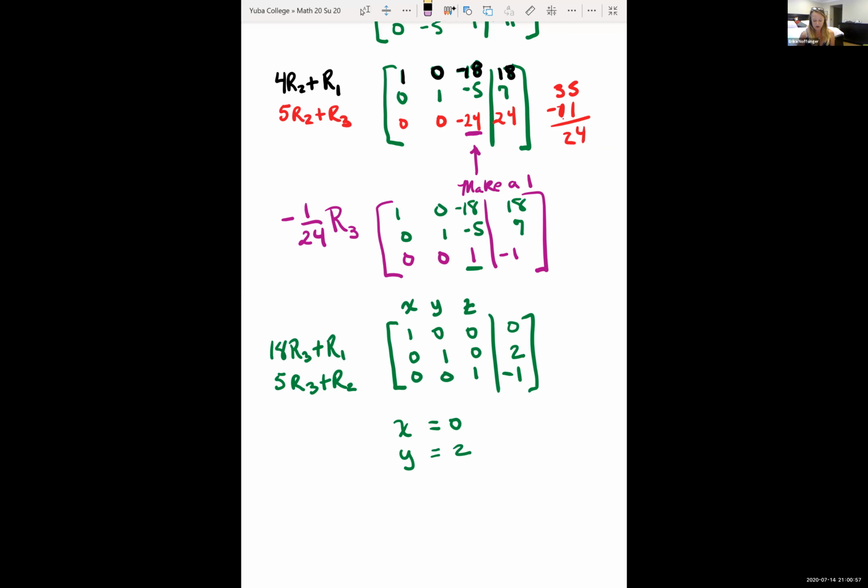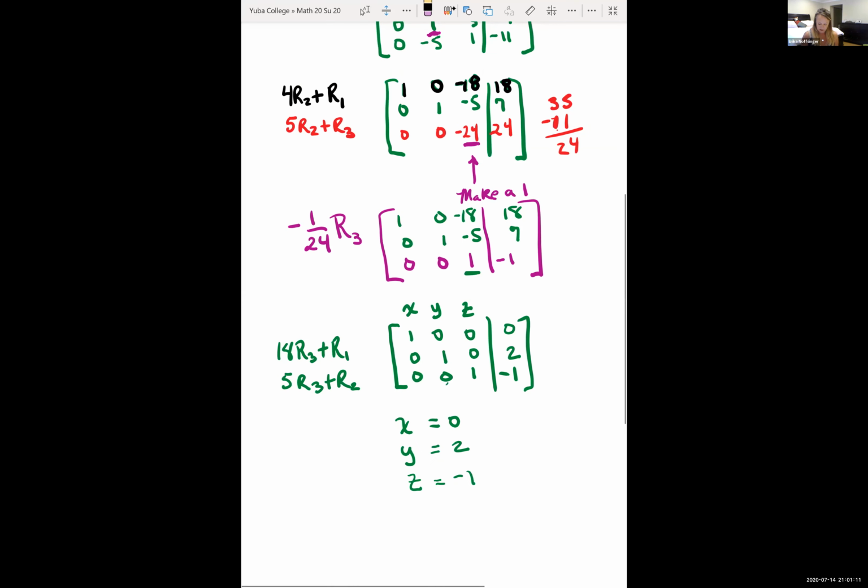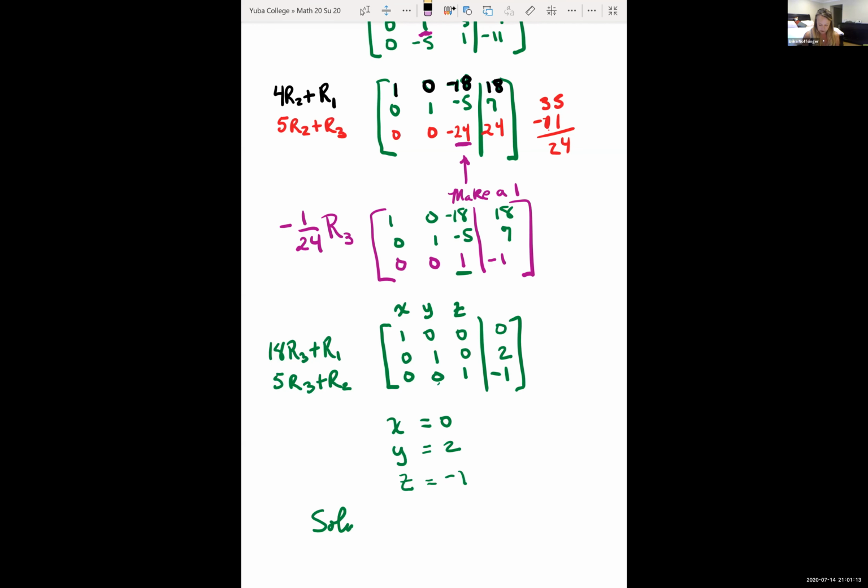The third row is 0x plus 0y plus 1z equals negative 1. So we have our solution to our original system, and it's a point x, y, z: 0, 2, negative 1.